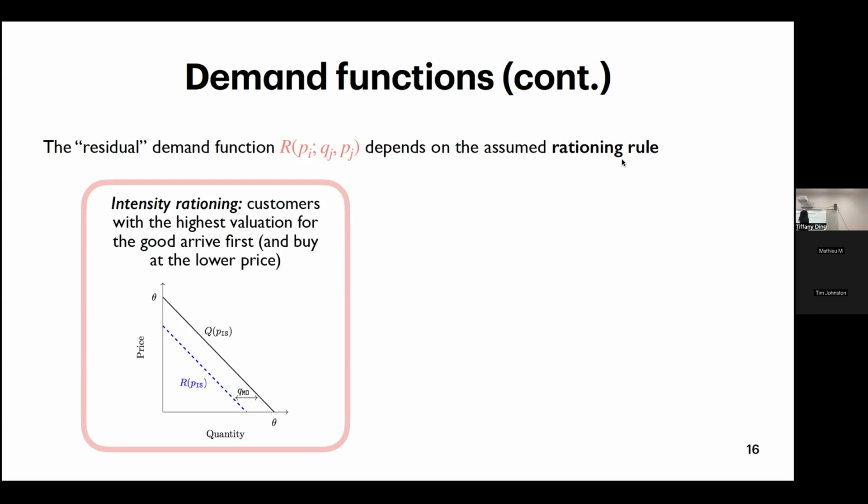So what this looks like is here we have the original demand function, and under intensity rationing, here I'm assuming the lower price seller is a marketplace operator, so it just shifts the demand function down by the inventory of the marketplace operator.